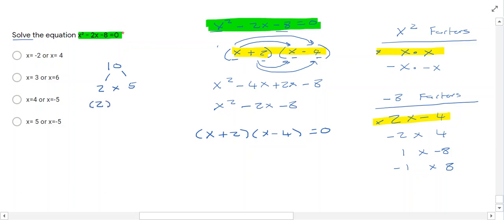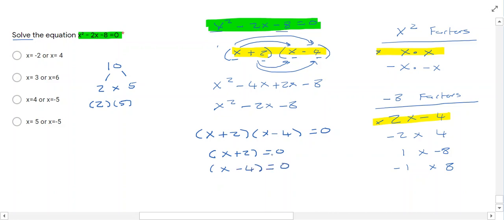So what we're saying with this expression is that when we multiply this out, it's equal to 0. Therefore when we multiply this by this, it gives us 0. So we can say that x plus 2 is equal to 0, and also that x minus 4 is equal to 0.